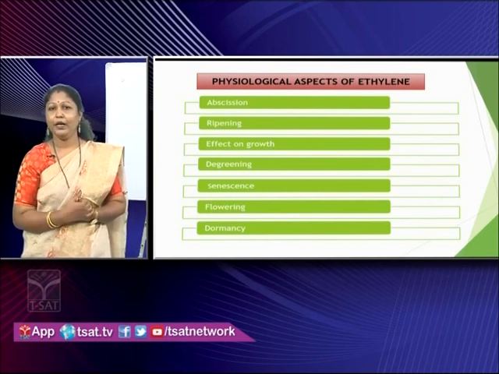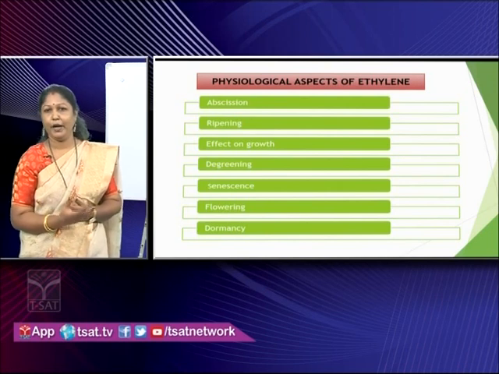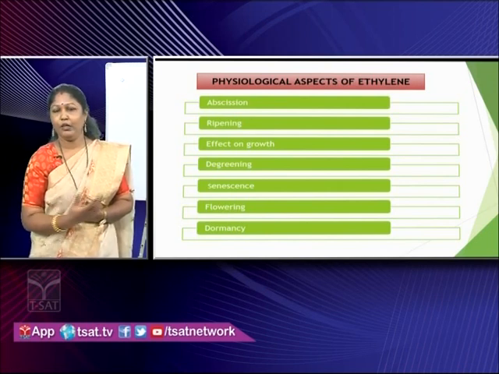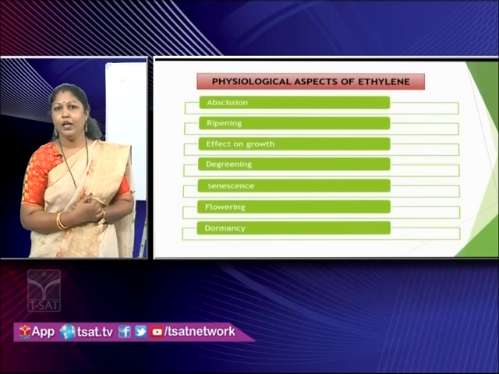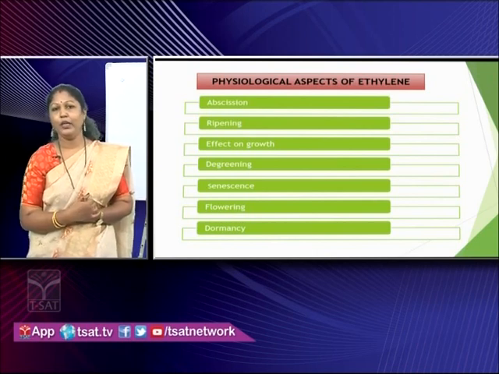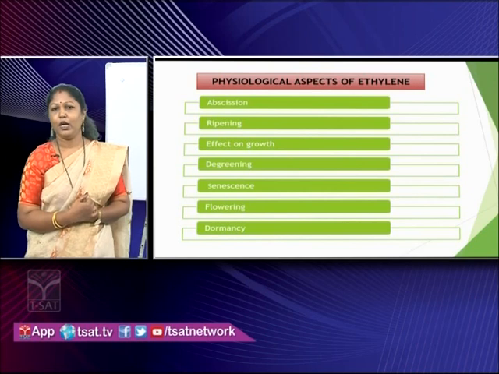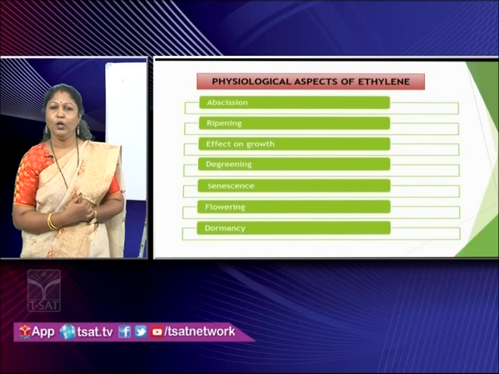Now, this ripening can be exploited artificially also. You might know that when the mango season comes, the mangoes are harvested as unripe fruit, and later they are exposed to ethylene, and then the fruits are sent out to the market. So, it is one of the major horticulture practices. What does this do?